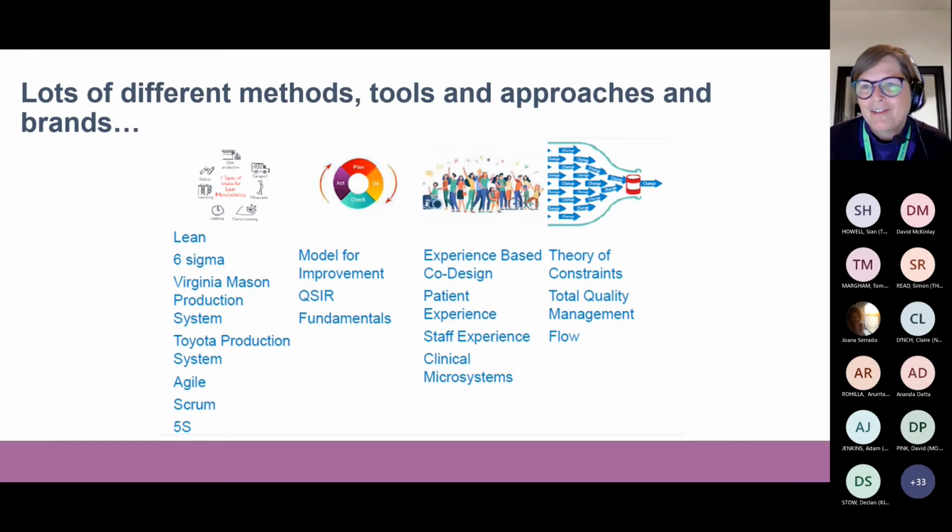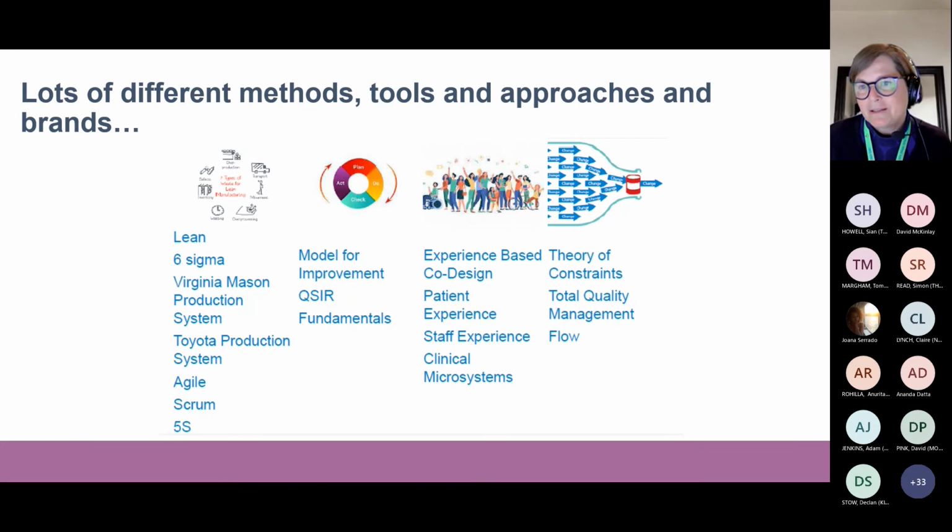So I often get asked about quality improvement, there are so many brands out there and different methods. It all feels really confusing. So my main message to you is that most of these tools and quality improvement methods come from the same historical roots, and many of them have the same tools in place.